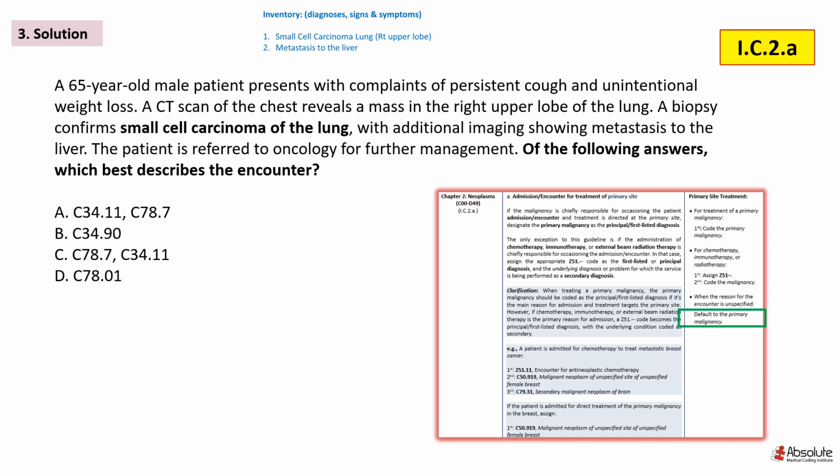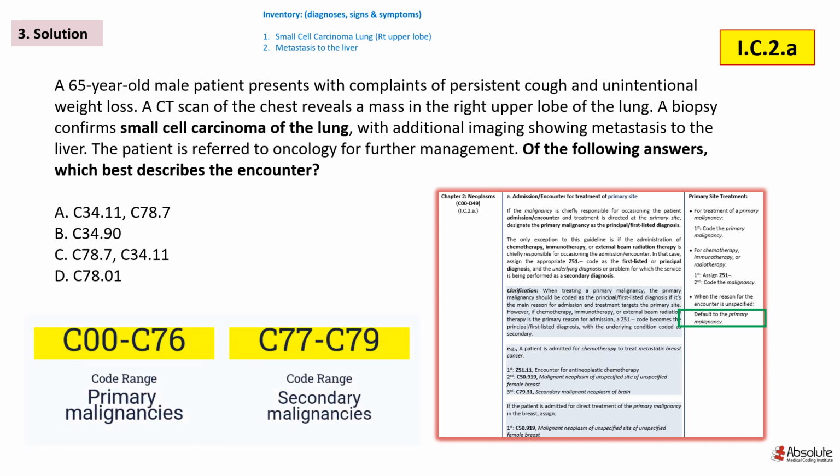And that's what you're going to need to do for your exam. Okay, coders. Now, I gave you a tip earlier, right? I told you that on site, primary malignancies are basically less than C76, and there's some after C79, but let's just focus on these.